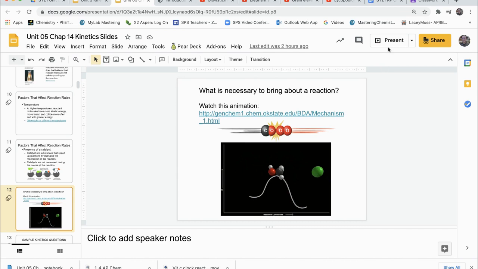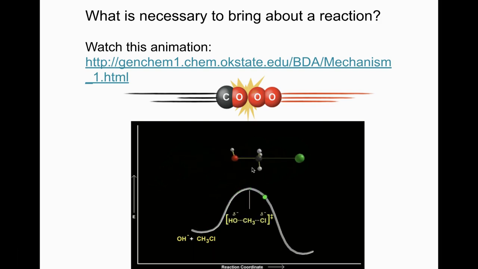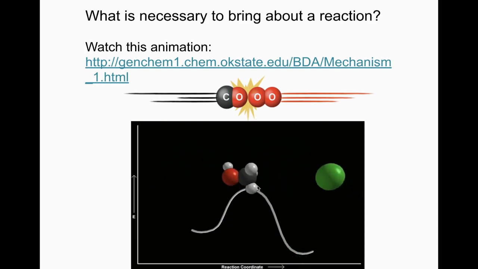Okay, so this next thing is just to help you think about the molecular nature of reactions, right? So here we have OH minus plus this chloromethane, CH3Cl. And you can see here the two reactants, the oxygen needs to bind to the carbon, and this carbon-Cl bond needs to break.